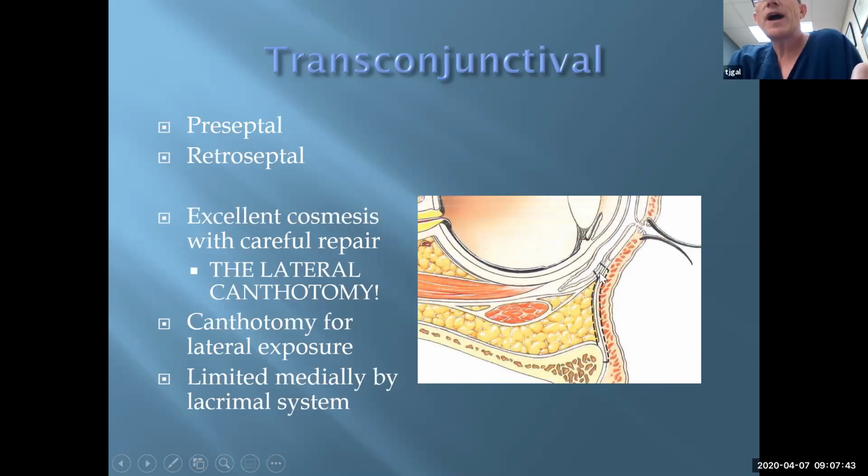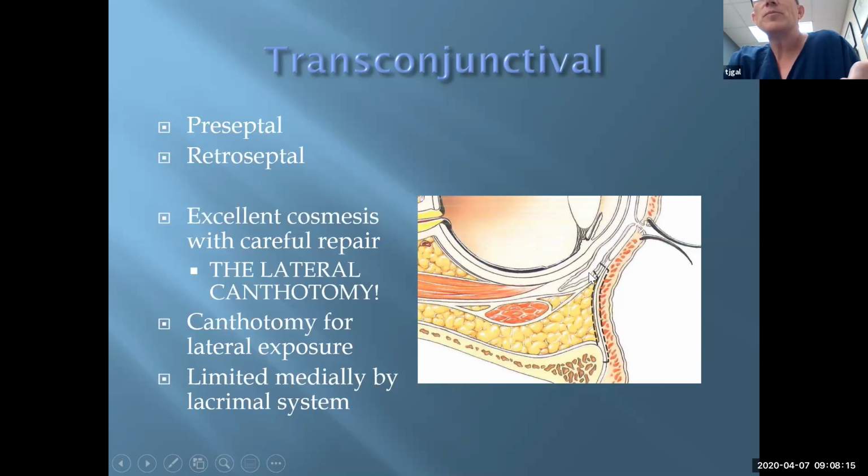You can do a transconjunctival incision and get exposure to the majority of the orbital rim and certainly all of the floor without a canthotomy. The canthotomy is what makes this, it's not the incision that causes the aesthetic problems with this approach. It's the repair. And so if you don't need to get laterally, you can extend this incision pretty much all the way across.